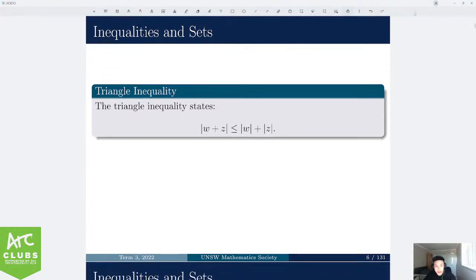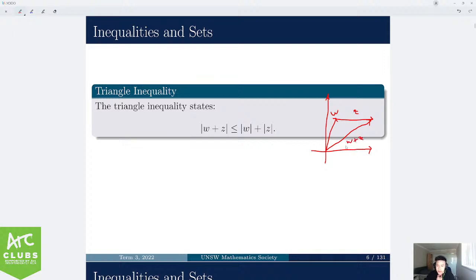Firstly, we have the triangle inequality, and it states that the mod of w plus z is less than or equal to the mod of w plus the mod of z. Just a quick geometric intuition. Say this is w, this complex number is z, and this complex number is w plus z.